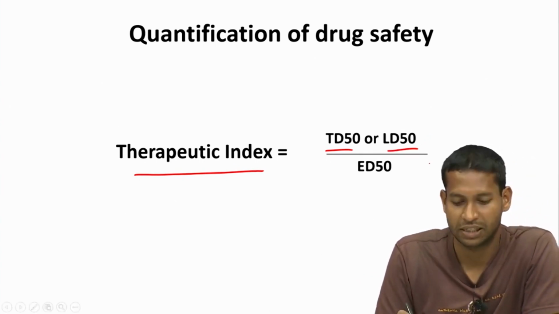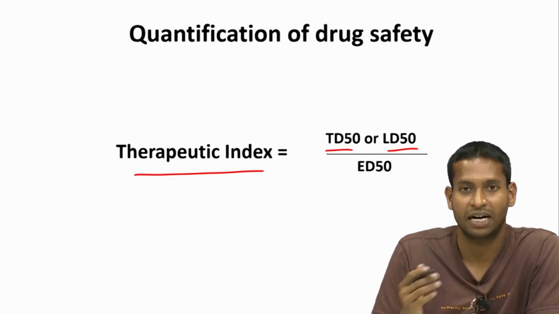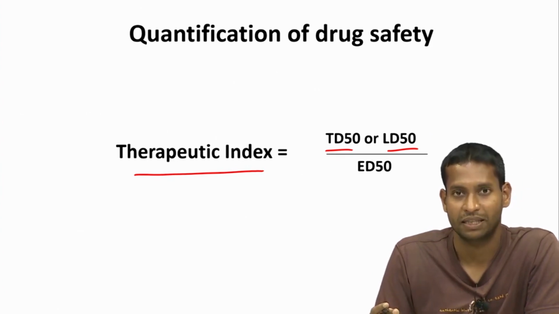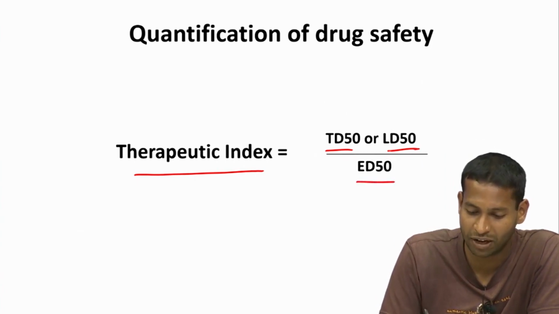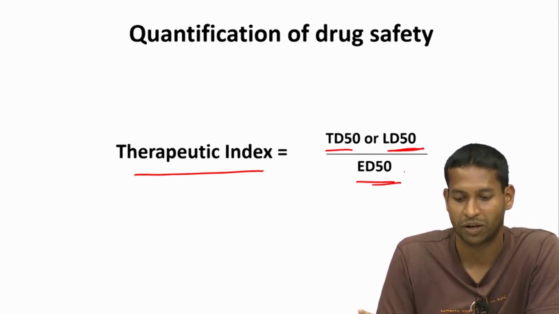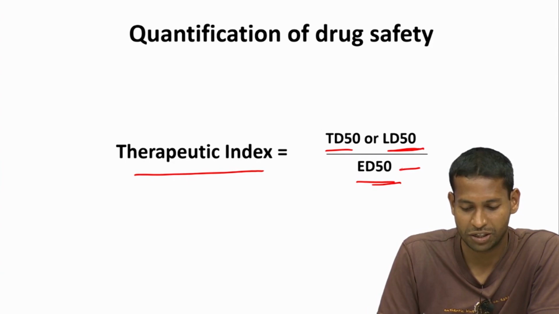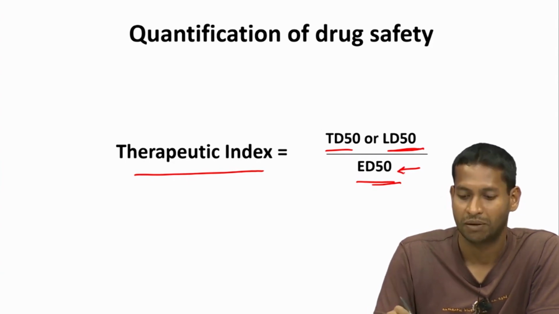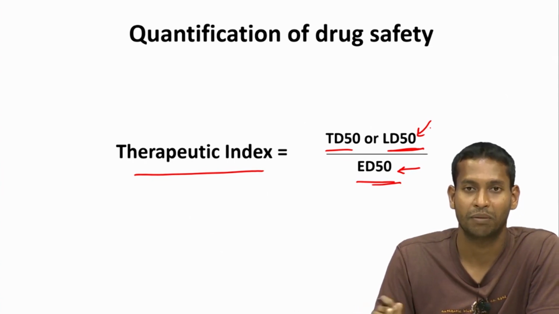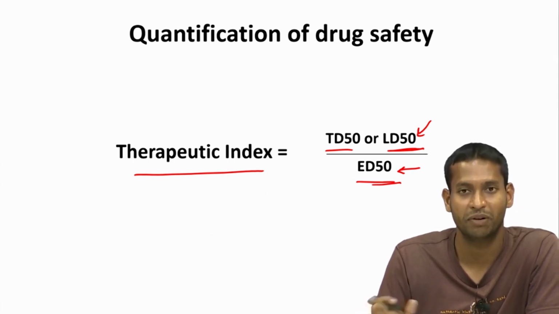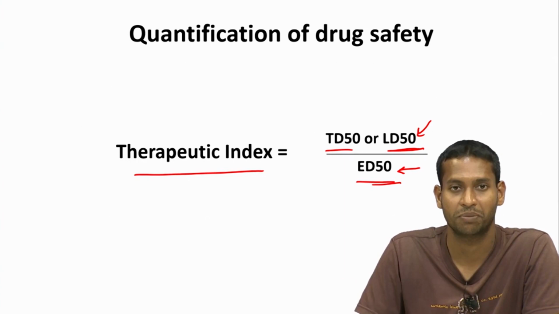So, if I say that the therapeutic index of the drug is high, that means that it has a low value of the ED50 and a high value of LD50. That means that the drug is good, because at a very low concentration you are getting some therapeutic effect, but the LD50 is high. So, you can essentially work in the regime in between the two to prevent any toxicity to the patient.